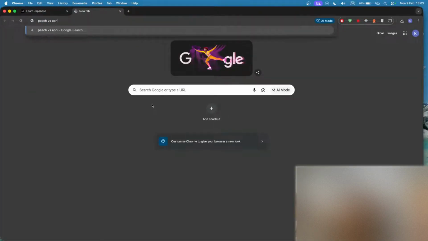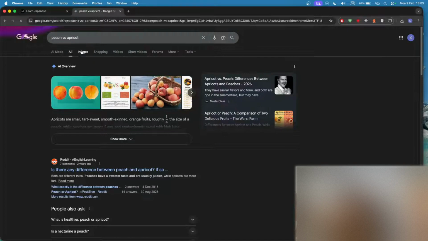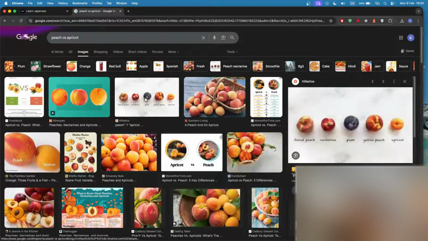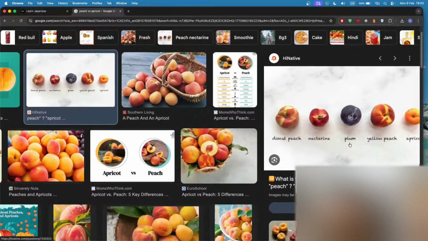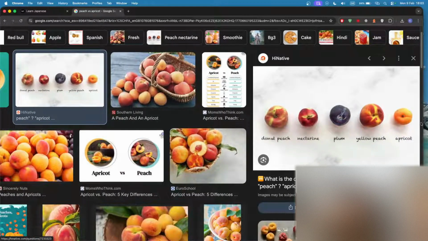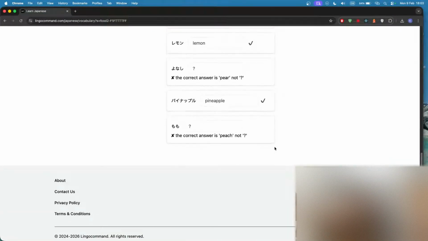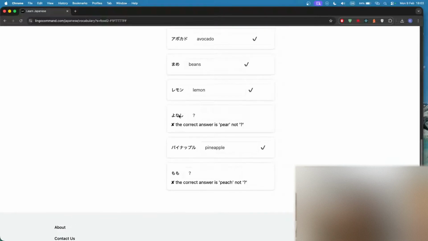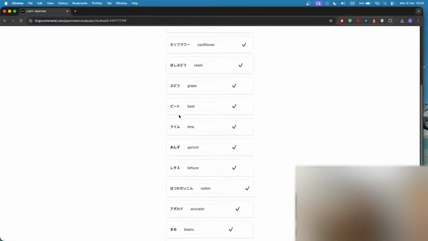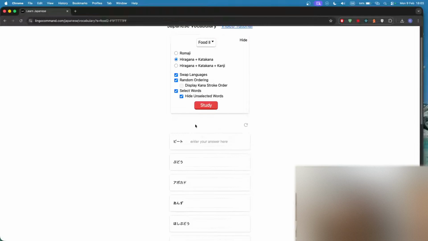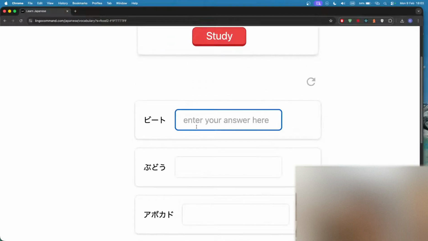Peach versus apricot. Let's just quickly see. That's a peach. That's an apricot. Fine. Momo means peach. Yonashi is pear. So the best approach here is to just redo the quiz.